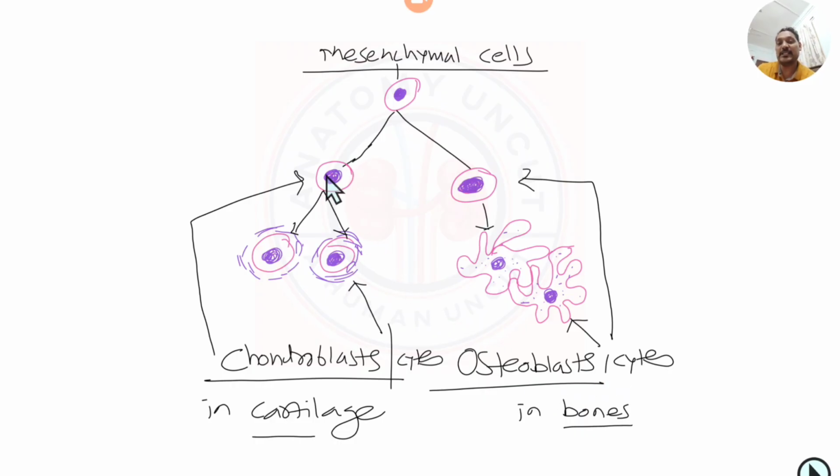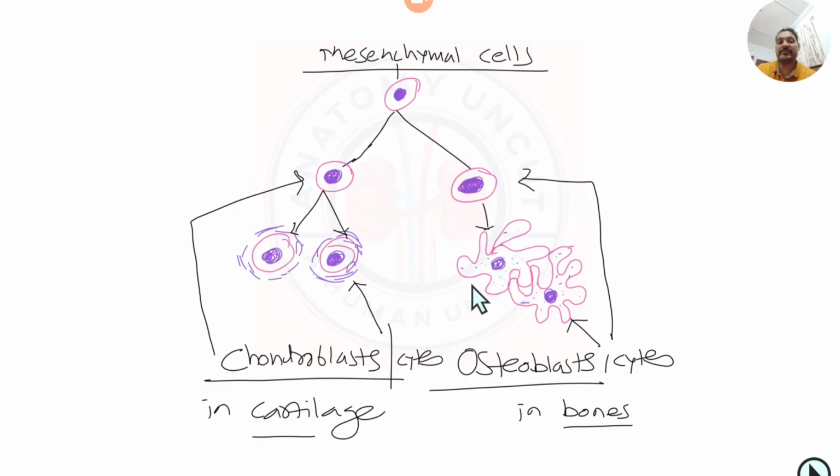Intermediate cells are the blasts. Okay, the mesenchymal cell gives rise to the chondroblast that gives rise to chondrocytes that secrete the surrounding material, we call it the matrix, and the cartilage is formed there, whereas the osteoblast later transforms into osteocytes, and they produce the bony matrix and they produce the bone.